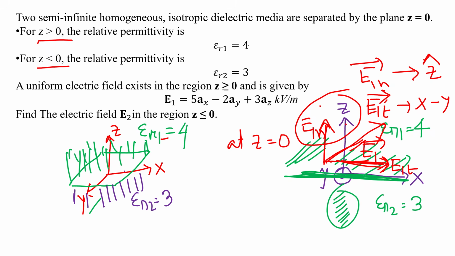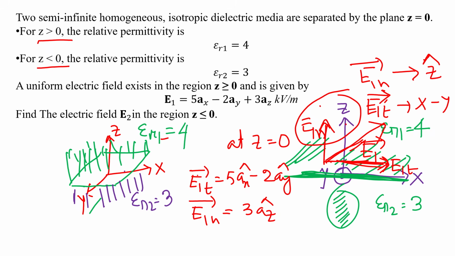So what I can do is I can simply write E1t vector is my 5ax cap minus 2ay cap, and E1n is my 3az cap. Otherwise we can also calculate the normal component in this way.